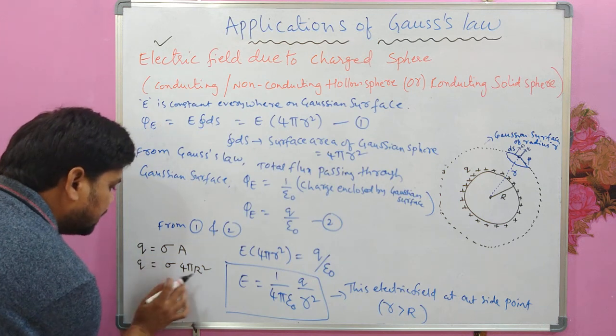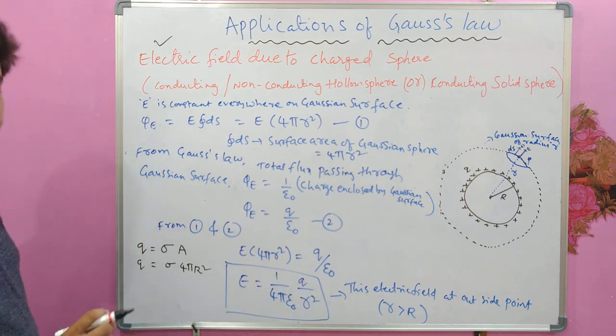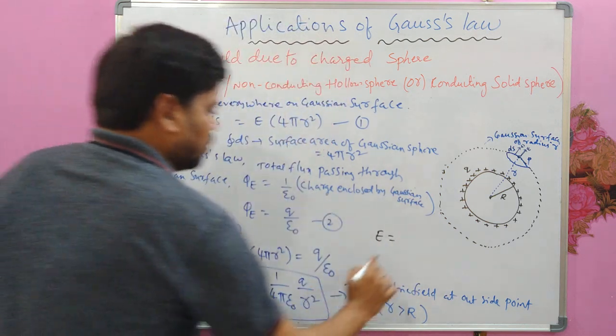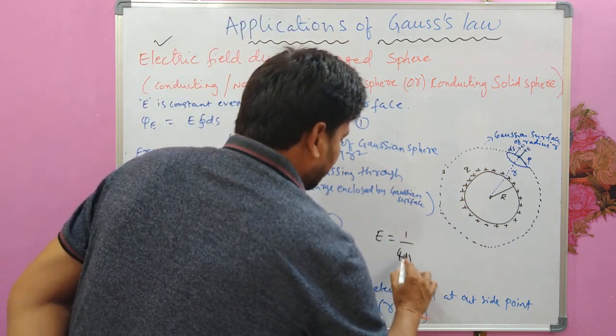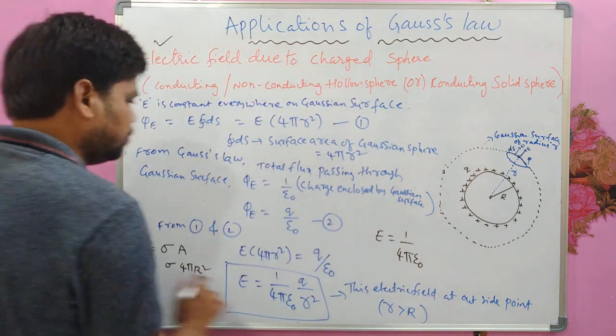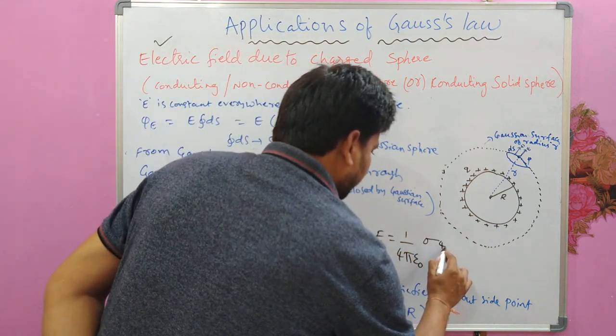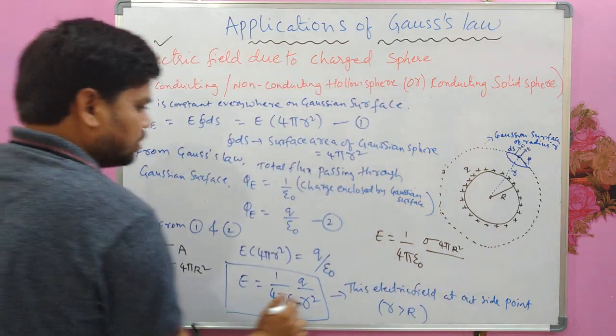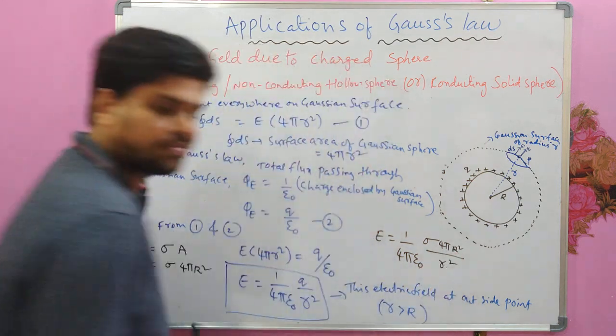If you write this in place of Q, we get E equal to 1 by 4 pi epsilon naught, Q is sigma 4 pi r square, by small r square.